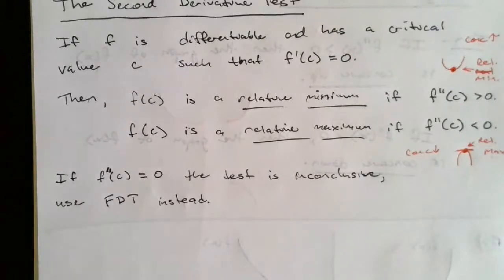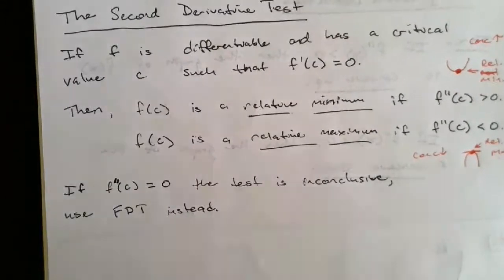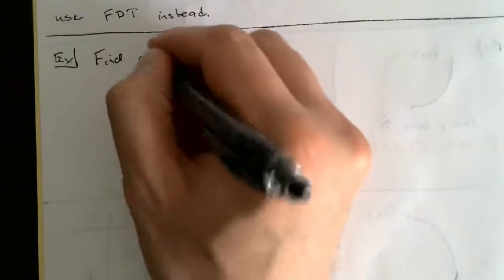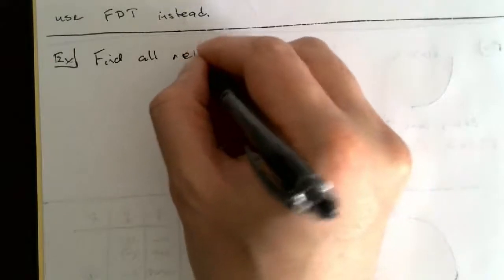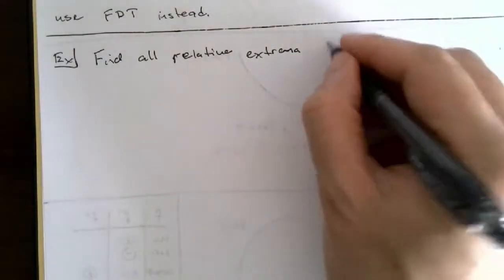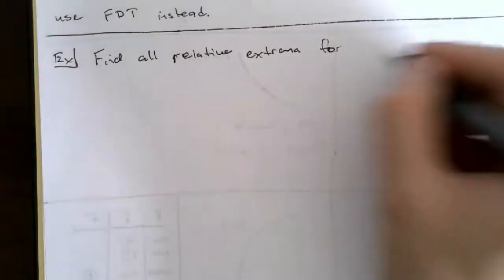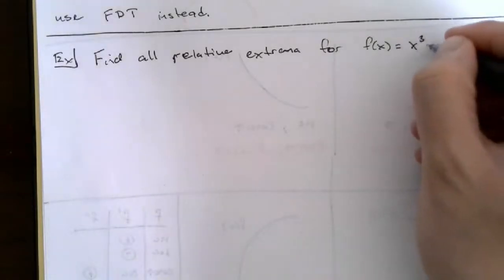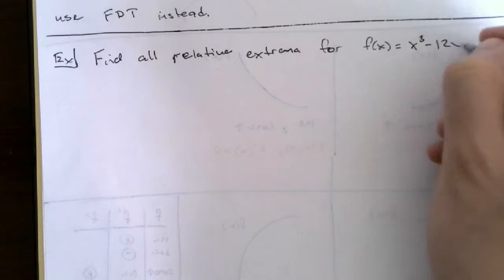So let's do an example here. For example, find all relative extrema, which means relative maxes and relative mins, for f of x equals x to the third power minus 12x minus 1.